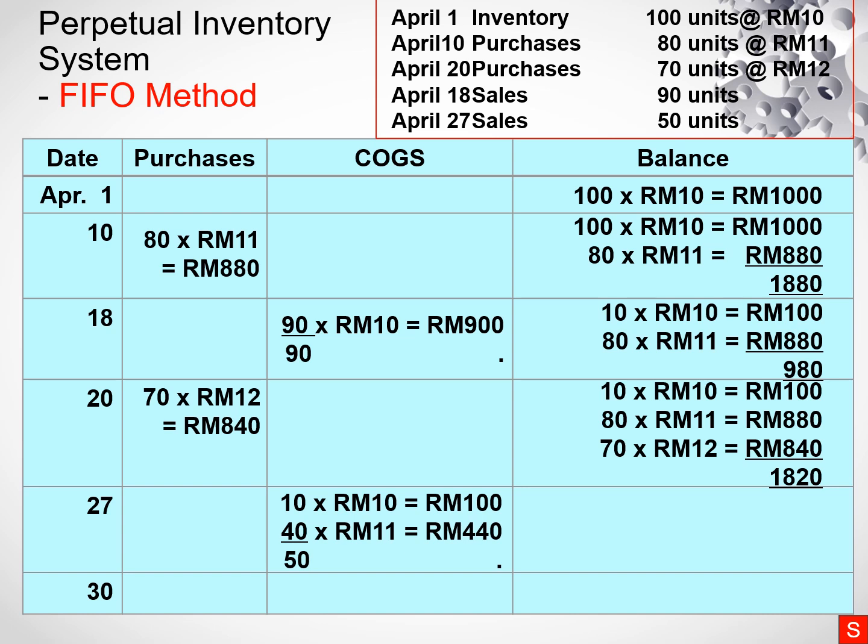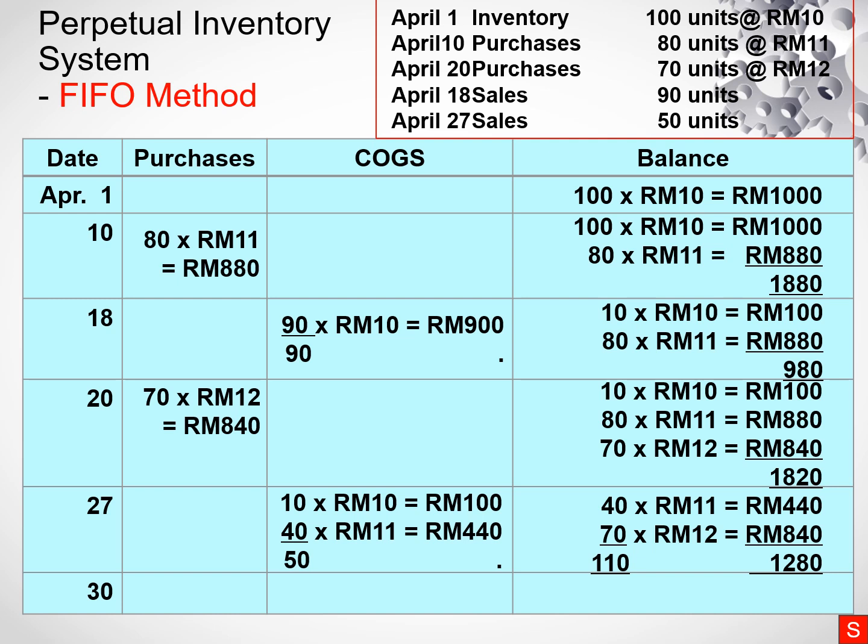So the total sales is 50 units. So the new balance are 80 units minus 40 units equals to 40 units times 11 equals to 440, and 70 units times 12 equals to 840. So the new balance is 1280.